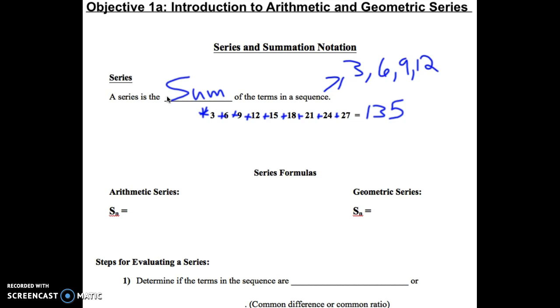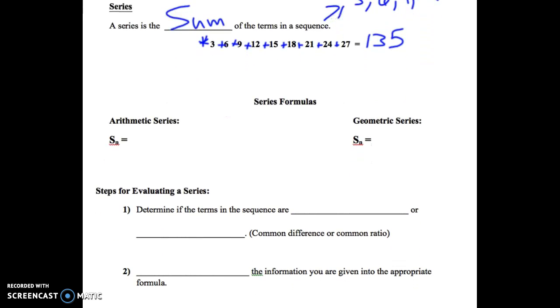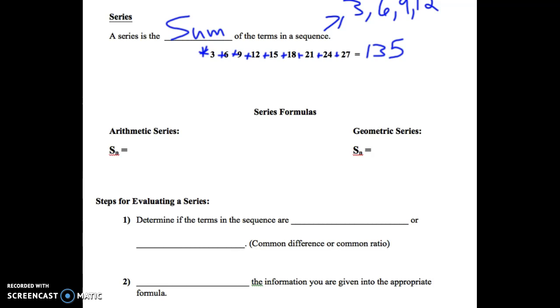And instead of adding up all the numbers in that sequence 365 times, you can use these types of formulas to find out the sum in a very quick way. That's why they were created. They're used in engineering and that type of work as well.